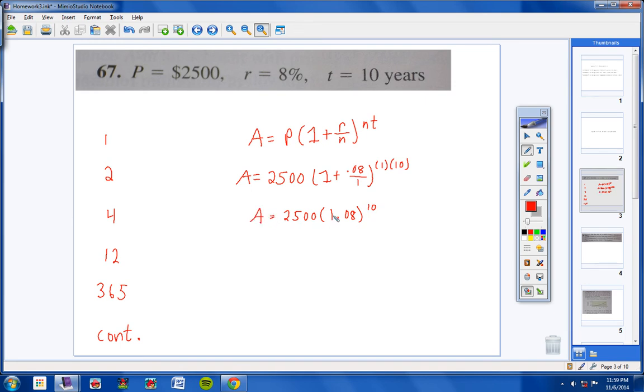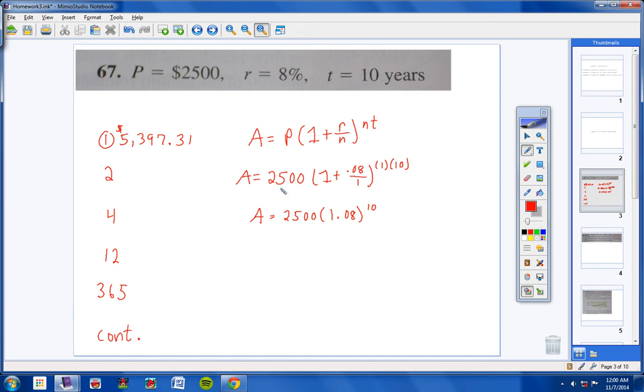And then go ahead and type all of this into your calculator at the end here, and you should get this right here. You should get $5,397 and 31 cents. Okay, so there we go.